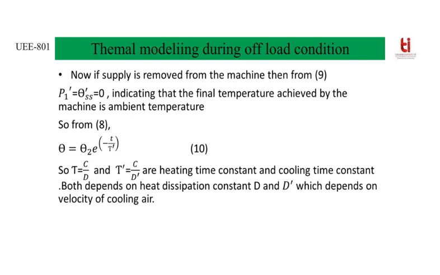Suppose we are using a cooling system or forced air cooling system, then quickly the heat will be dissipated from the machine. So both tau and tau dash will be reduced. That means quickly the machine will achieve steady state temperature during onload condition as well as during offload condition.